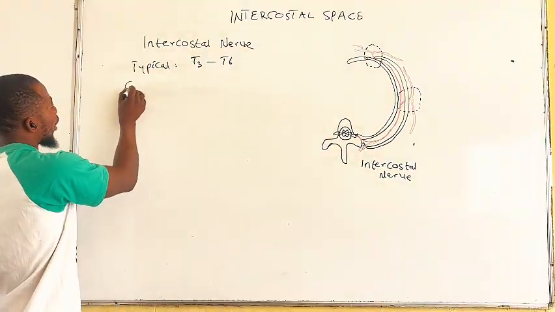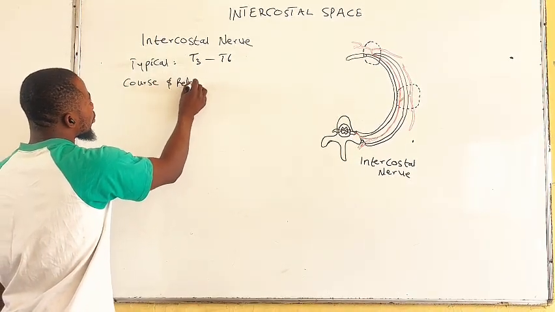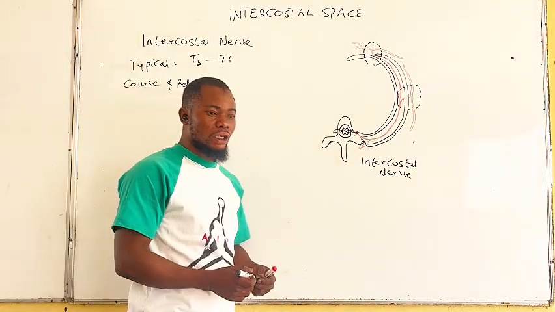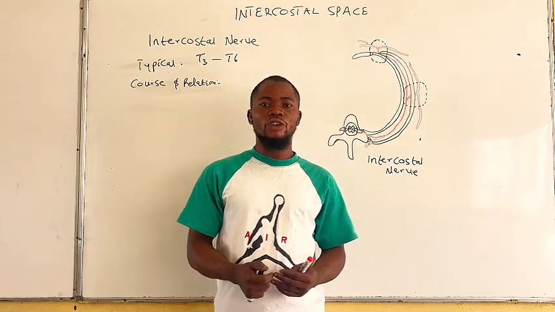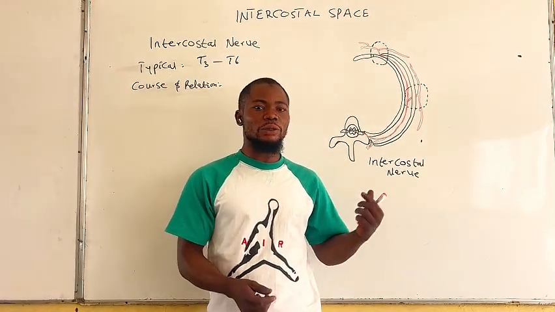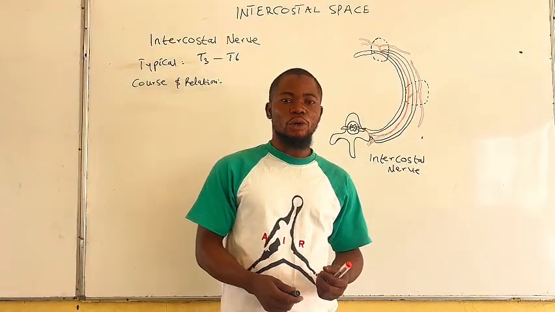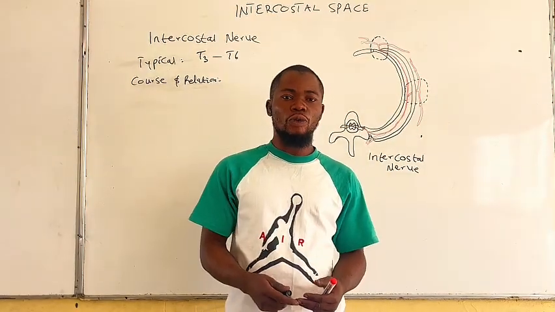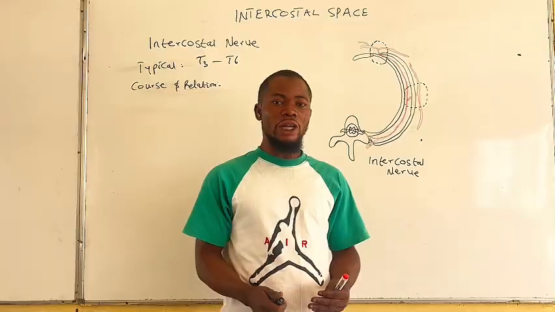Now, the course and relation of the typical intercostal nerve. Immediately after their origin, they run laterally behind the sympathetic trunk and enter the intercostal space between the parietal pleura and the posterior intercostal membrane, and they enter the costal groove where they make a relation with other vessels like the artery and the vein.